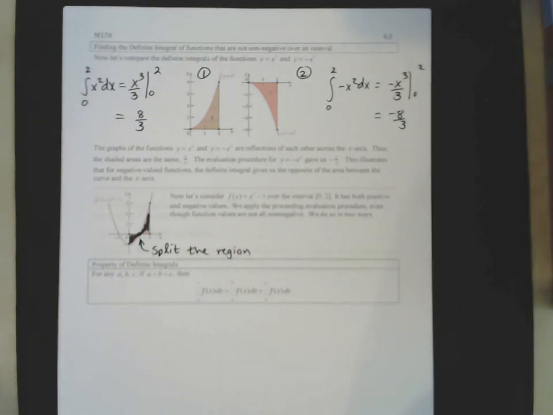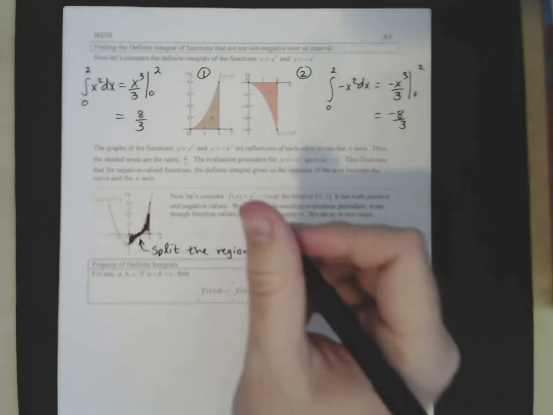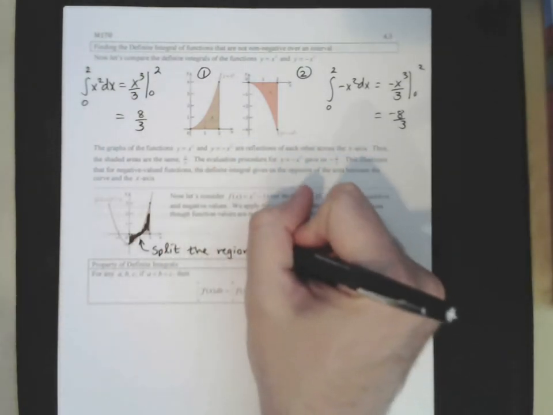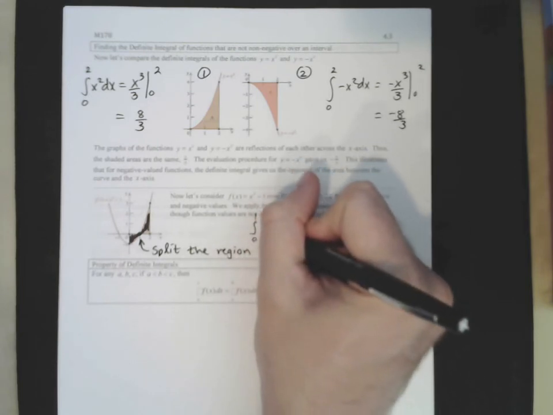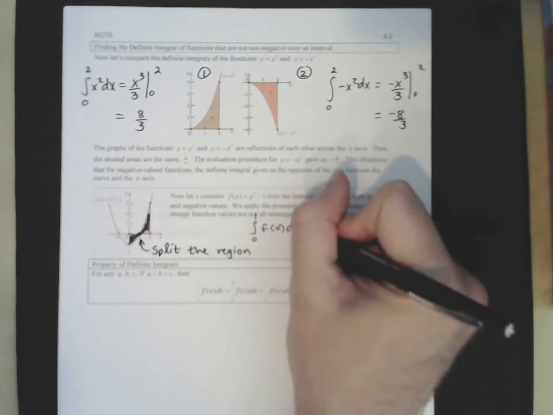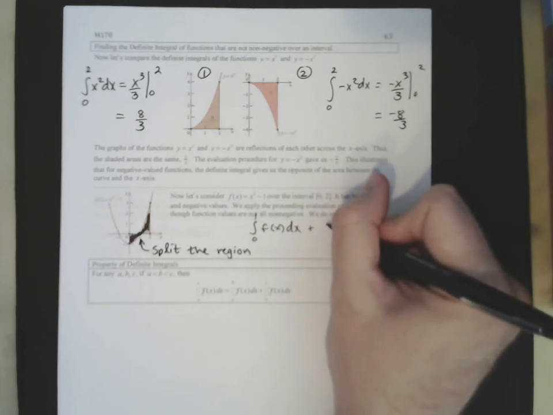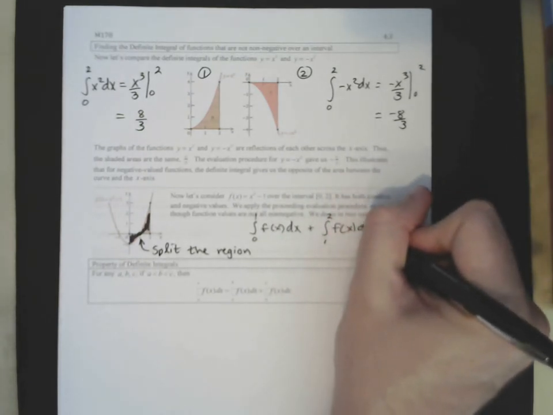So we have two areas then. We have the first integral, which goes from 0 to 1 of f of x dx, and then we add that from 1 to 2 of f of x dx.